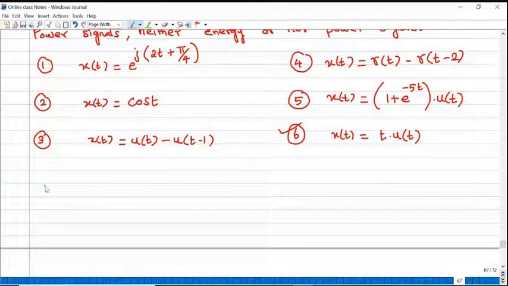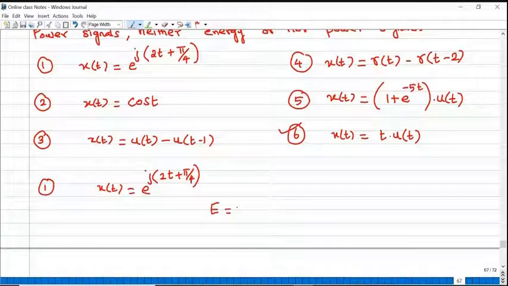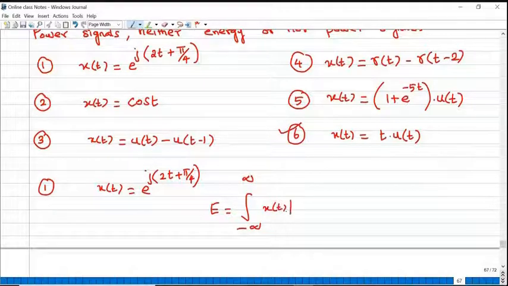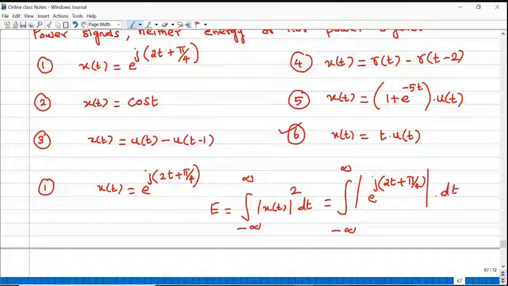So problem number 1, x of t equal to e power j(2t plus pi by 4). The formula to find the energy of a continuous time signal is the integral from minus infinity to infinity of modulus x of t squared dt. So in this example, it is the integral from minus infinity to infinity of modulus e power j(2t plus pi by 4) squared dt.